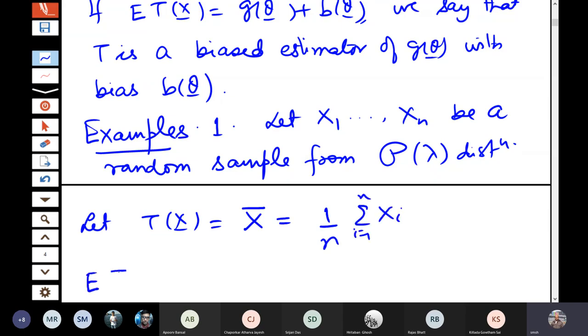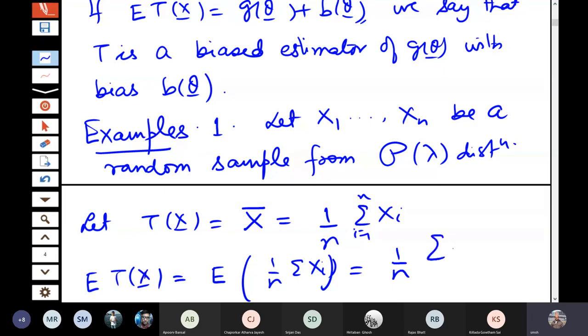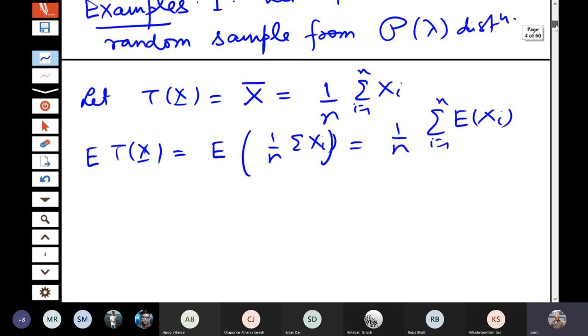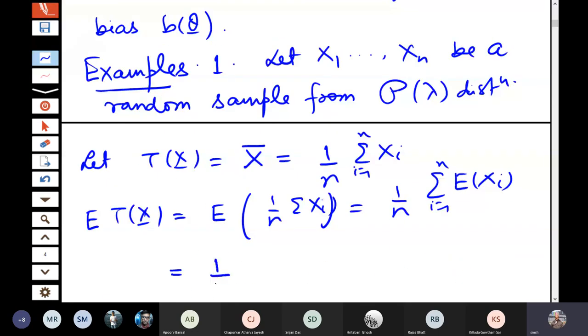Then what is expectation of T(X)? By the linearity property of expectation, this is 1 by n sigma expectation of Xi. So that is equal to 1 by n times n lambda. In Poisson distribution the mean is lambda, so it becomes lambda. So here you can see that the sample mean X bar is an unbiased estimator of the population mean lambda.